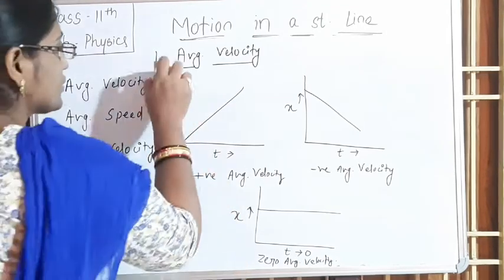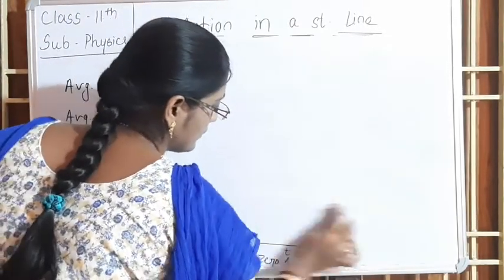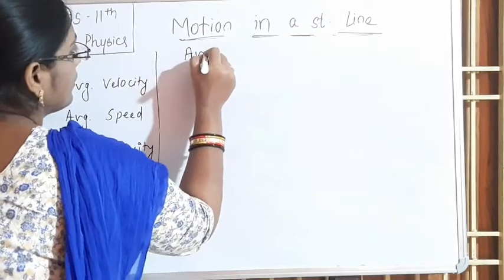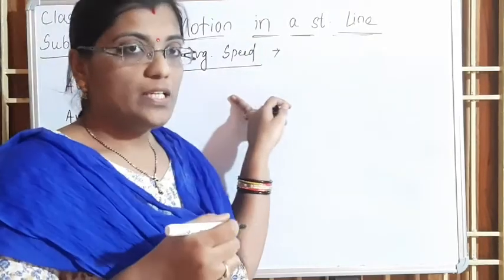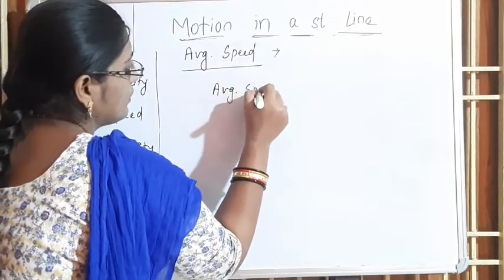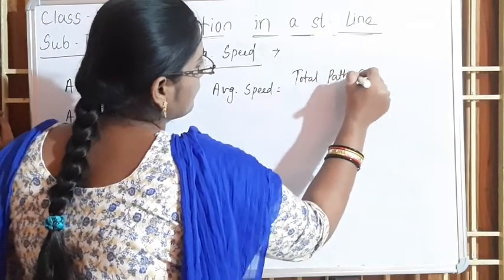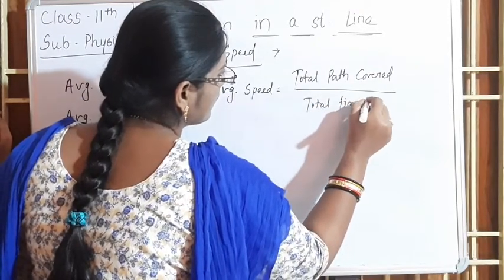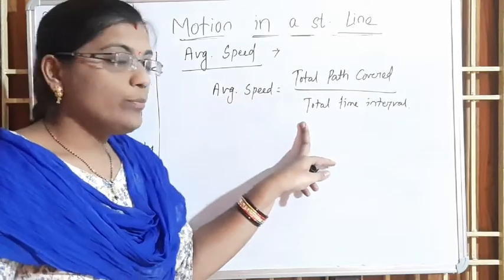Next, come to average speed. Average speed is the ratio of total path covered to the total time interval.